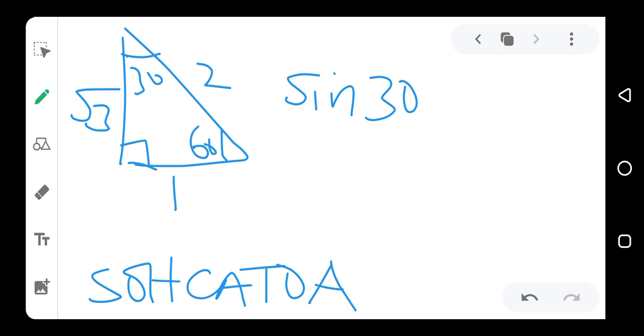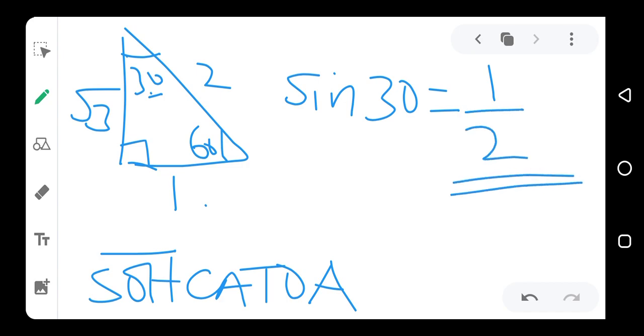Sine is opposite over hypotenuse. We are considering this angle, so the side facing it is the opposite. So 1 is opposite, over hypotenuse which is 2. So sine 30 degrees is equal to 1 over 2.